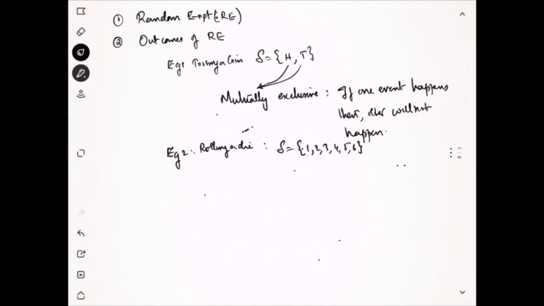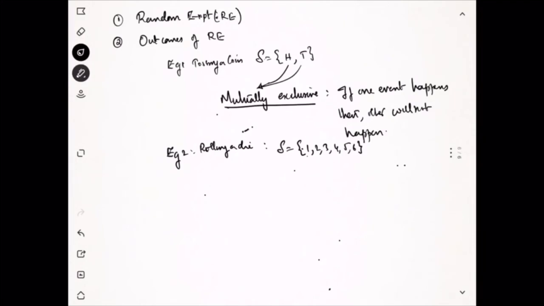If we are getting 1, we will not be getting 2. If we are getting 2, we will not be getting any of the others. That is, for example, if we are getting 1, the other events will not happen. So these outcomes are mutually exclusive.